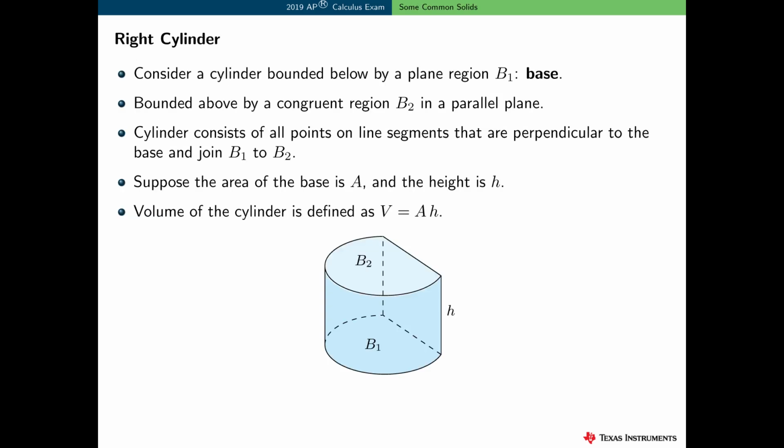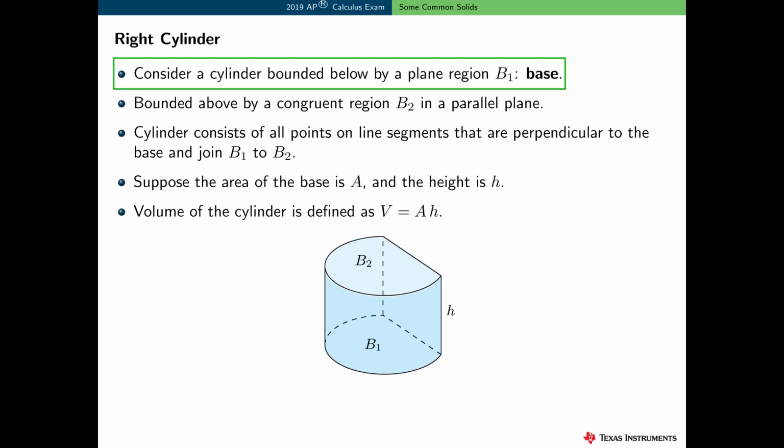The problem of finding the volume of certain types of solids is similar, at least to me, to the problem of finding the area of regions in the plane. We have an intuitive idea of what volume means, but we need to be more precise by using calculus to provide an exact definition of volume. So let's start with a simple solid, a cylinder. Well, okay, a right cylinder, as shown in the figure.